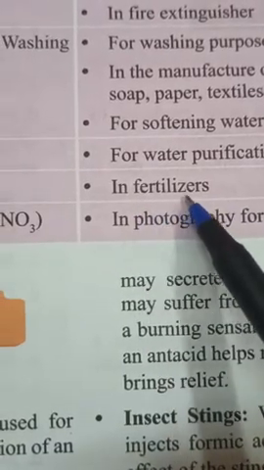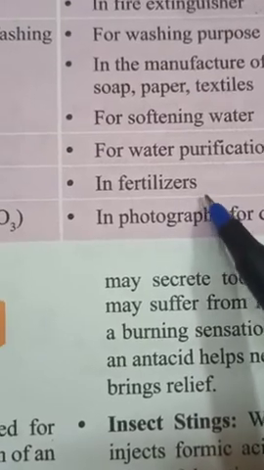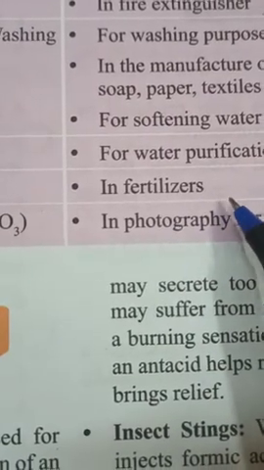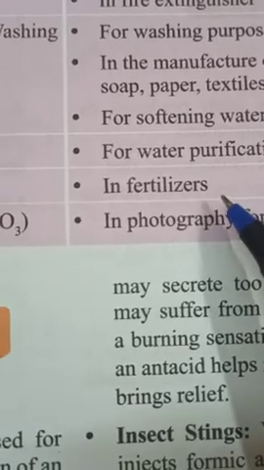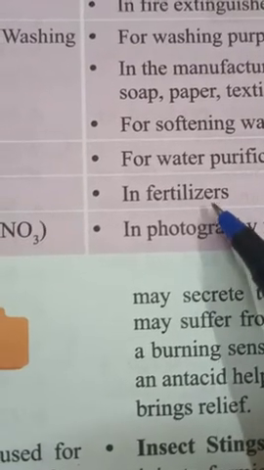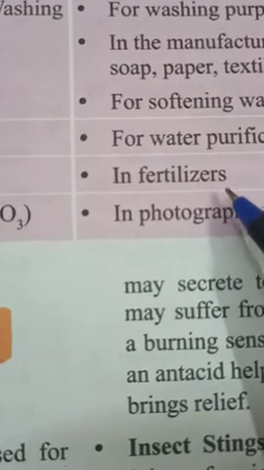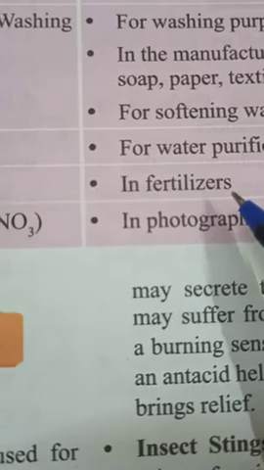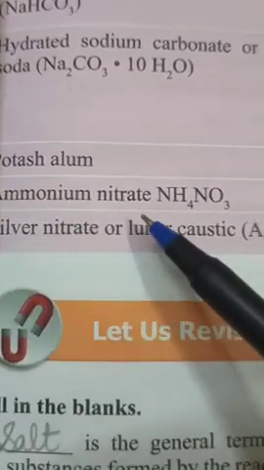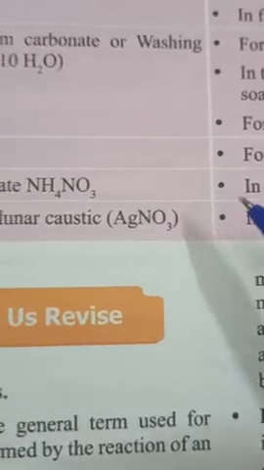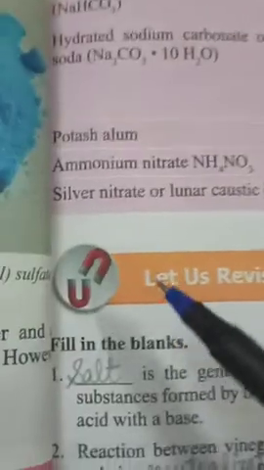You know children, what are fertilizers? These are the chemicals which increase the growth of crop plants. Generally farmers use them in their fields to get more and more production from those crops. So ammonium nitrate is used in fertilizers.